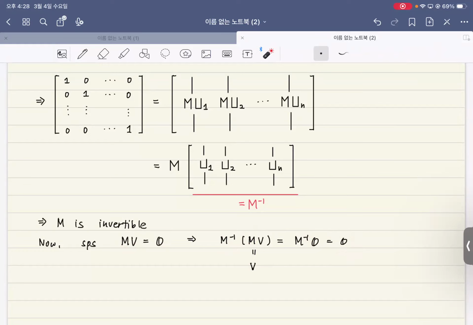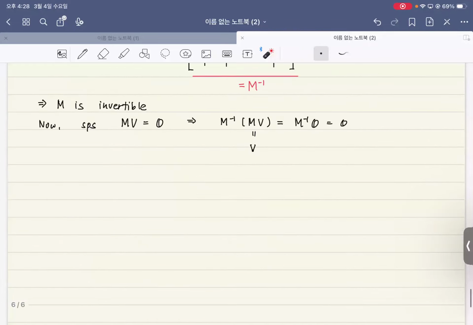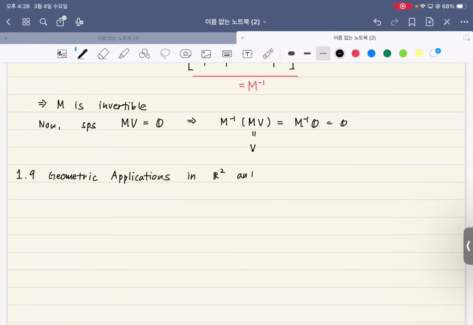Okay, all right. Great. So much for the linear algebra. Turning to the last section of chapter 1: geometric applications in R2 and R3.